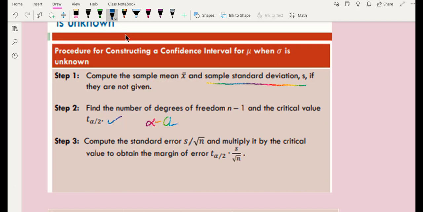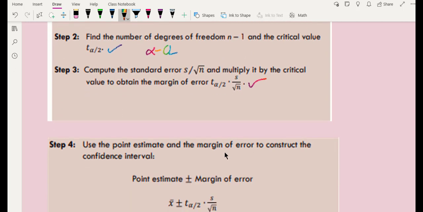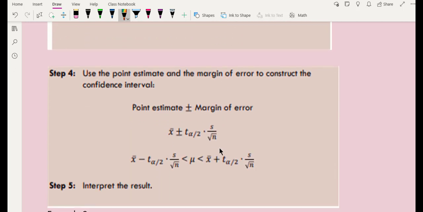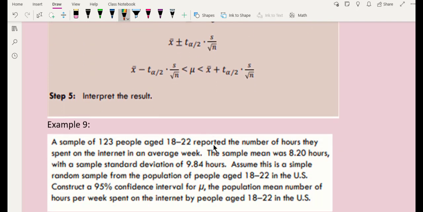Remember, it's the same exact thing, but now we're doing it in terms of our sample standard deviation versus our population standard deviation. So we do it just like we did before, where we add and subtract from the point estimate. Once we find our margin of error, we add and subtract it from the point estimate, and then we interpret our results.